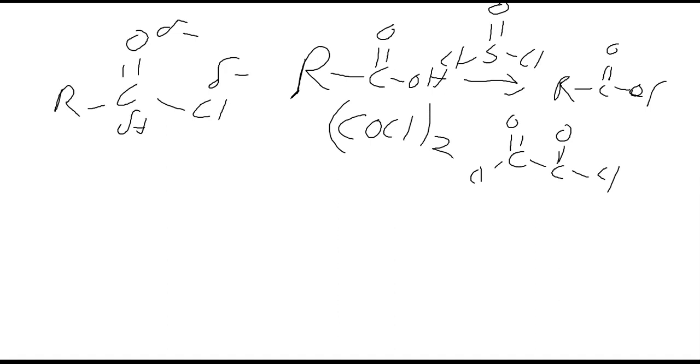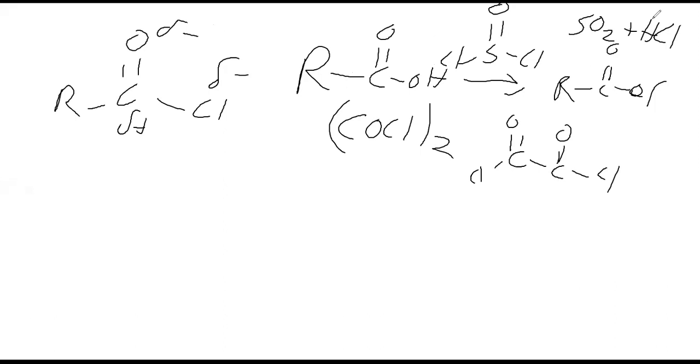One of the big things is that these will form gaseous byproducts, which is going to push us to products. SOCl2 is going to form SO2 and HCl, which you can boil off easily, which is why you get very, very high yields.